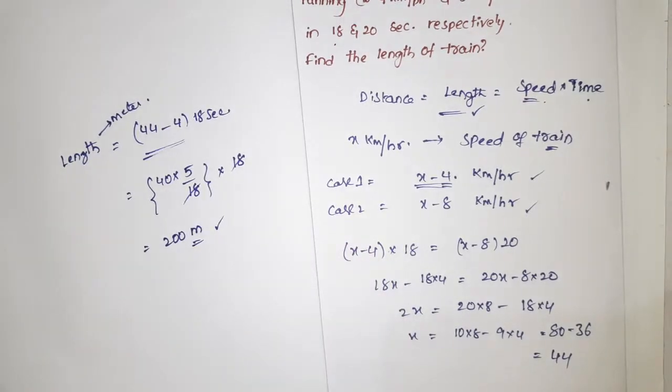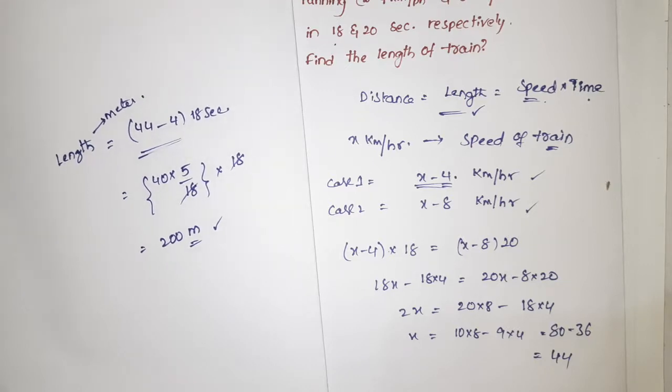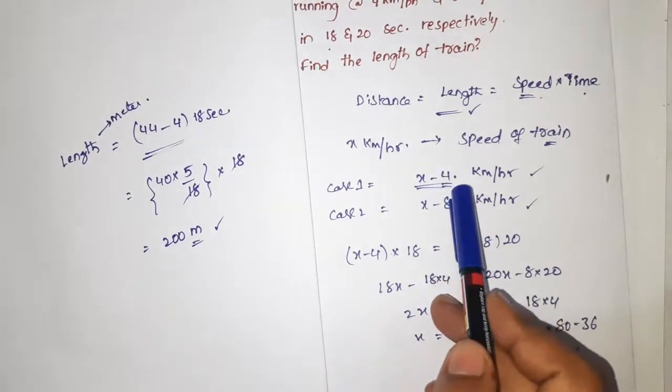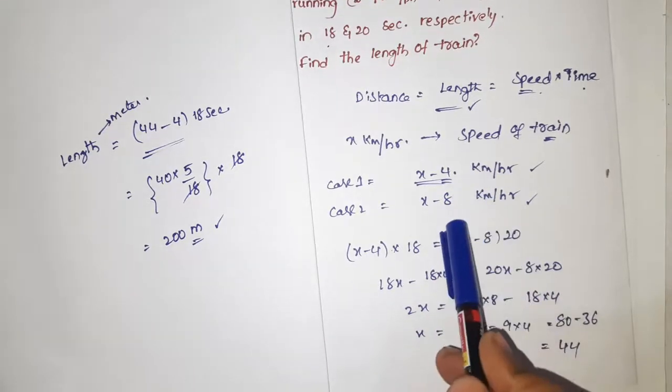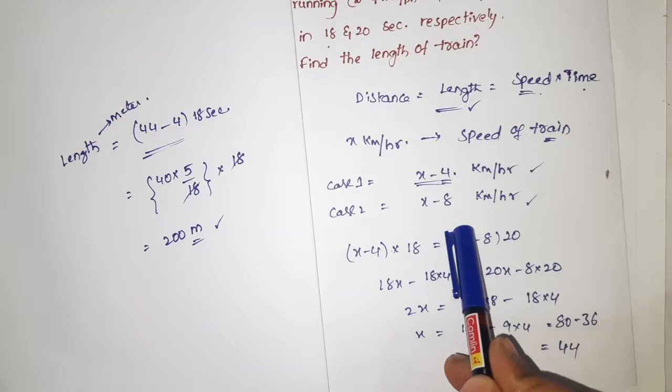So here we used 3 important things. First one is relative speed. When two objects are moving in the same direction, the difference between the speeds is the relative speed. So x minus 4 is the relative speed of the train with respect to the first person. x minus 8 is the relative speed of the train with respect to the second person.